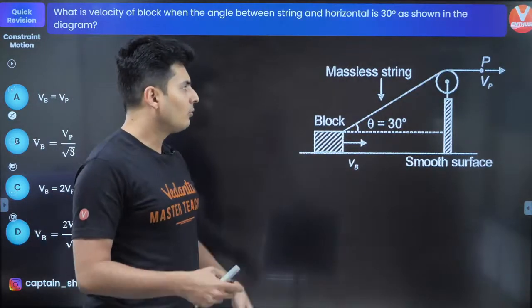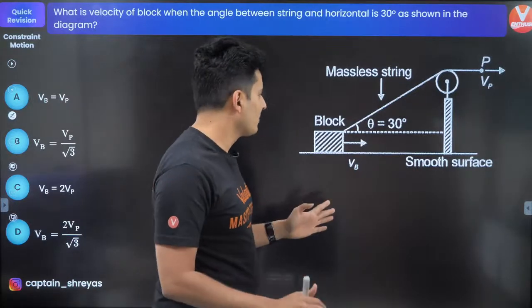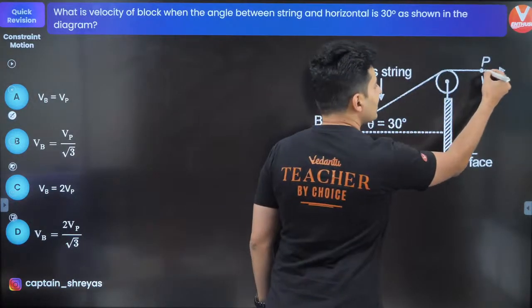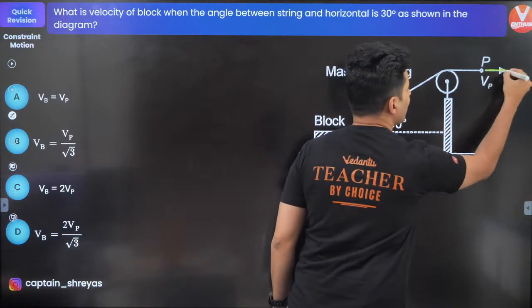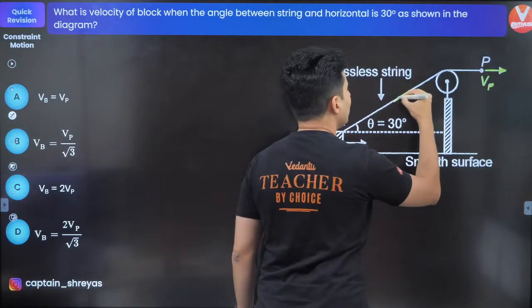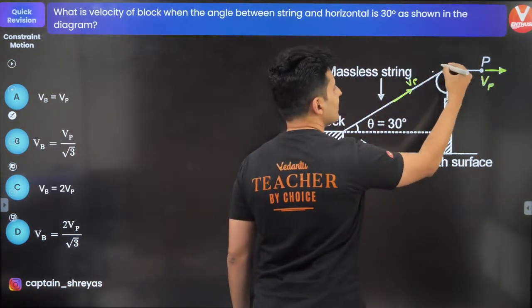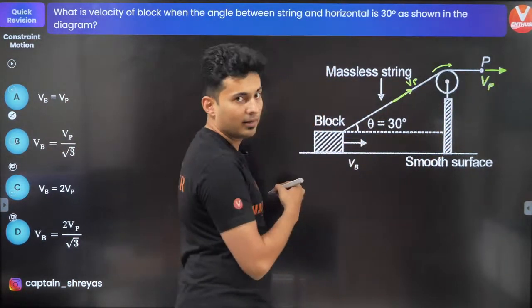Method 1, via visualization. And visualization is the easiest one. Trust me on this. If this point is moving with velocity Vp, obviously the string is also coming this way with a velocity of Vp, because it's the same string which is going there.